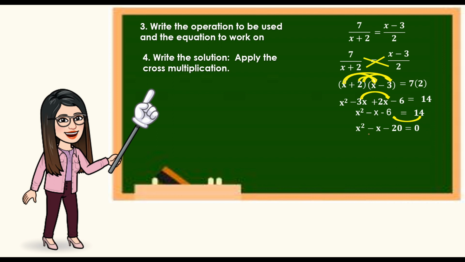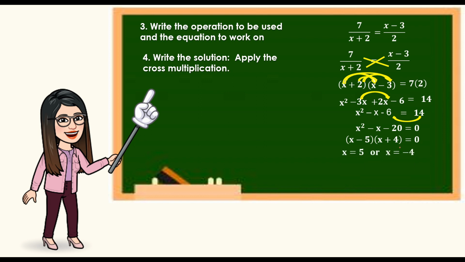After this, as you can see, this expression is now factorable. And the factors for that are the quantity of x minus 5 times the quantity of x plus 4 is equal to 0. After that, we can equate x minus 5 to 0 and the same with x plus 4.